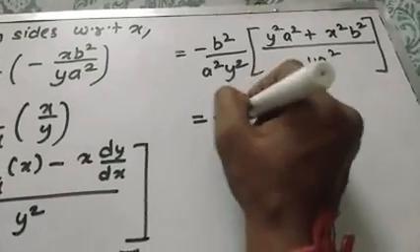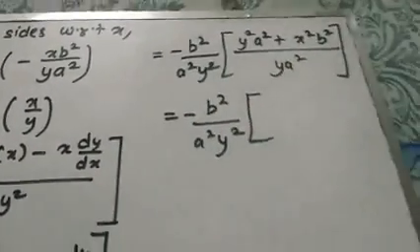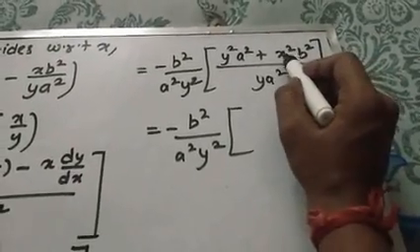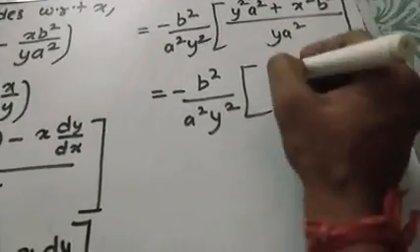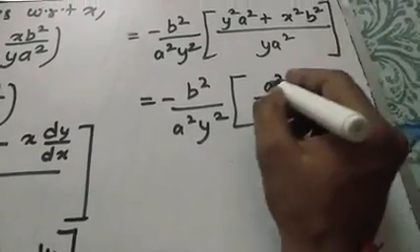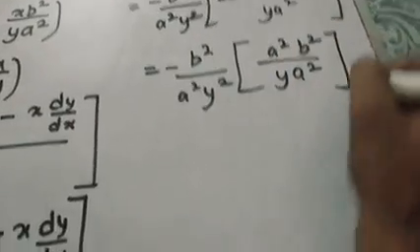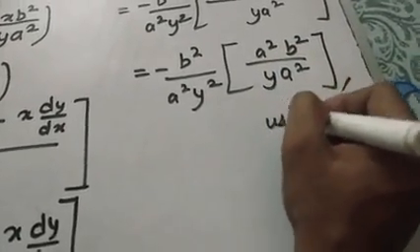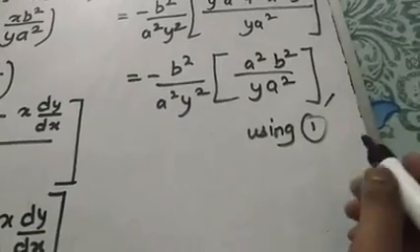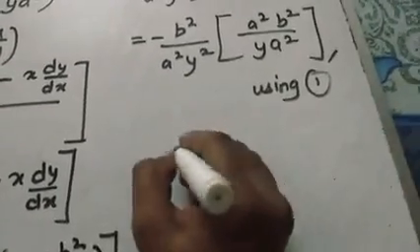Now do you remember the expression number 1 of this question? The expression was x square b square plus y square a square equals to, using expression number 1, a square b square. You will write here using 1. So now let's see what are the cancelling terms.